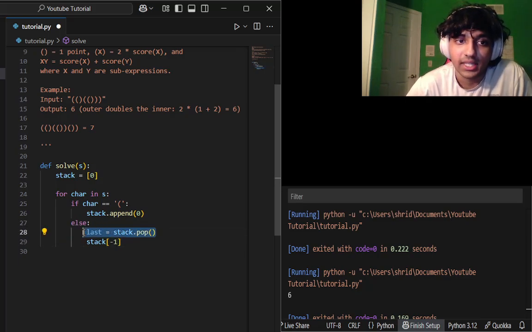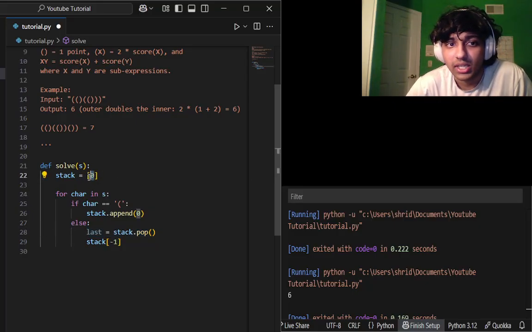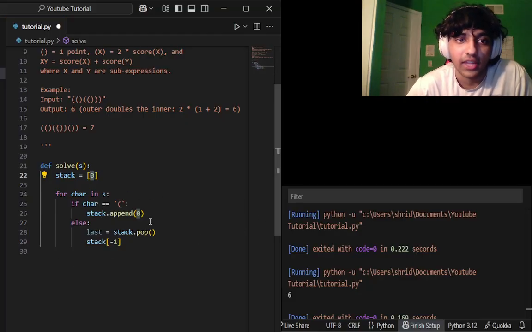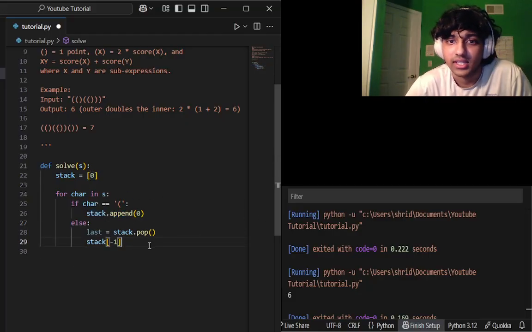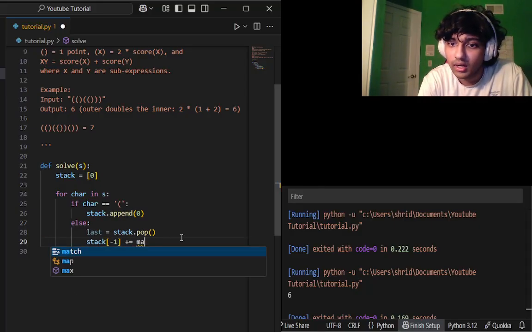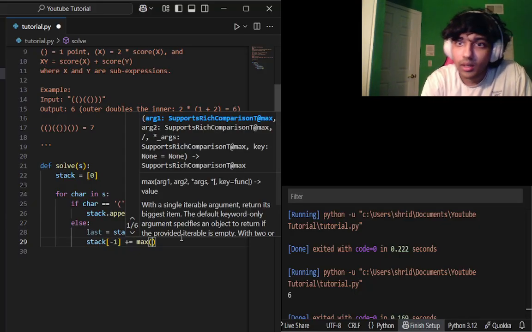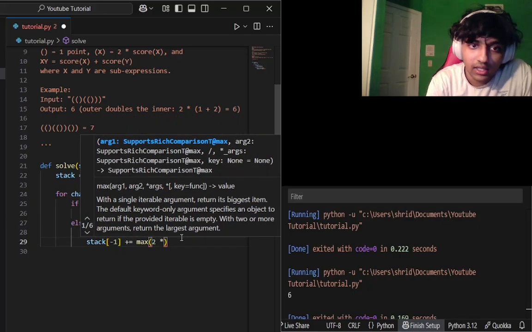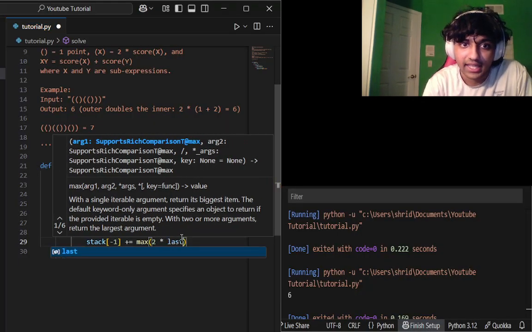So once we pop the last element in the list, we're going to take this initial thing, which represents the first parenthesis, and double the score, so it's going to be 2 times last.